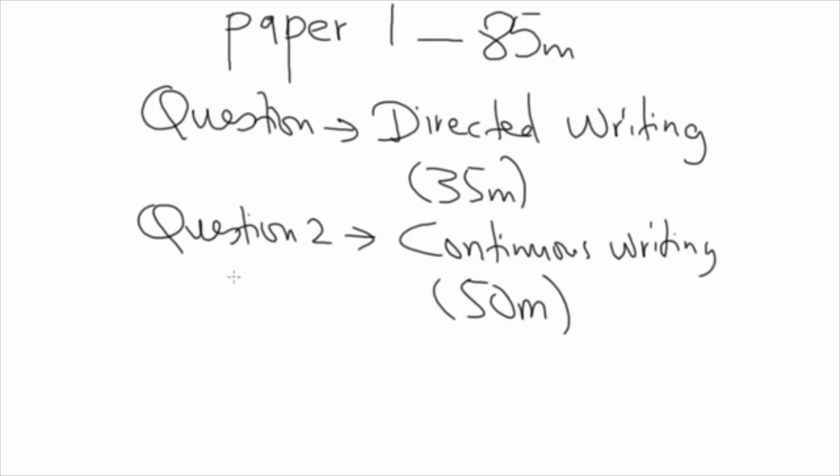For question 1, you are actually given 45 minutes. But what I would like to recommend to you is answer this question in 30 minutes. All you need is 30, maybe maximum 35 minutes. So, the other 10 minutes, use it for your question 2.